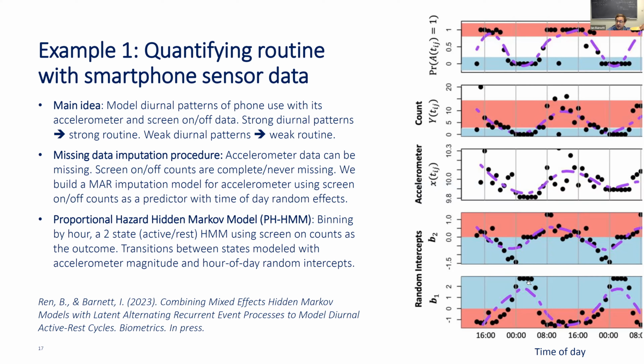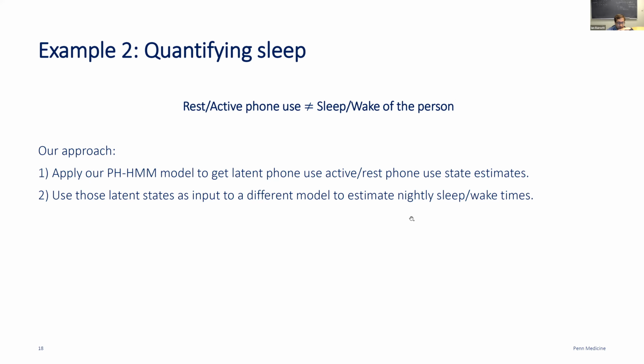It's not going to be perfect, again, because the phone's behavior is not the behavior of the person, but this is probably preceding when they're going to bed. They're going to bed a little after midnight. And so we're getting a lot of transitions from active to inactive around then. If there's someone with very little routine, these are going to be fairly flat. So based on this model, we came up with a statistic which is quantifying strength of routine based off phone use.